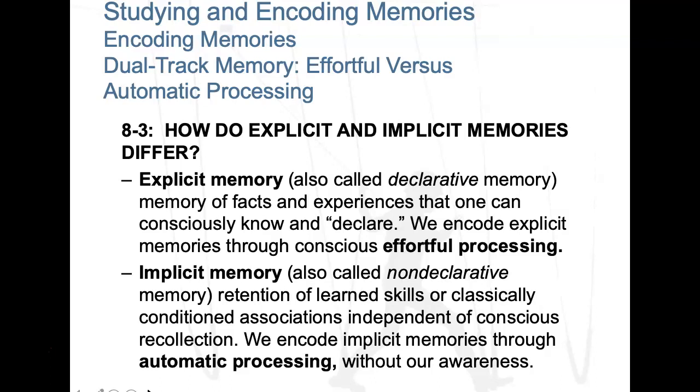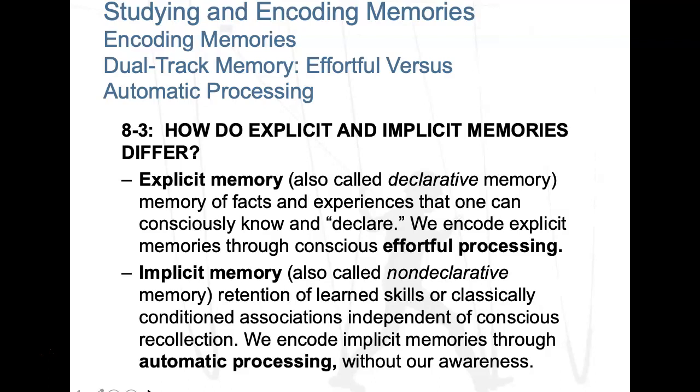All right, so next up, I want to discuss explicit and implicit memory. Explicit memory takes effort, okay? So these are the types of memories that we've gained through facts and experiences, which we can consciously know and declare, and we can pull it up just like that, okay? So examples of explicit memory would be information you learned in school, okay?